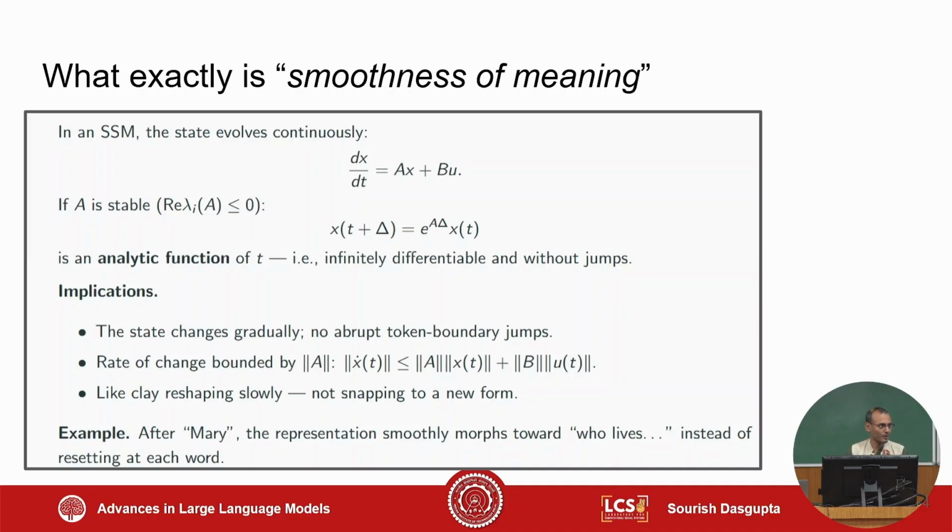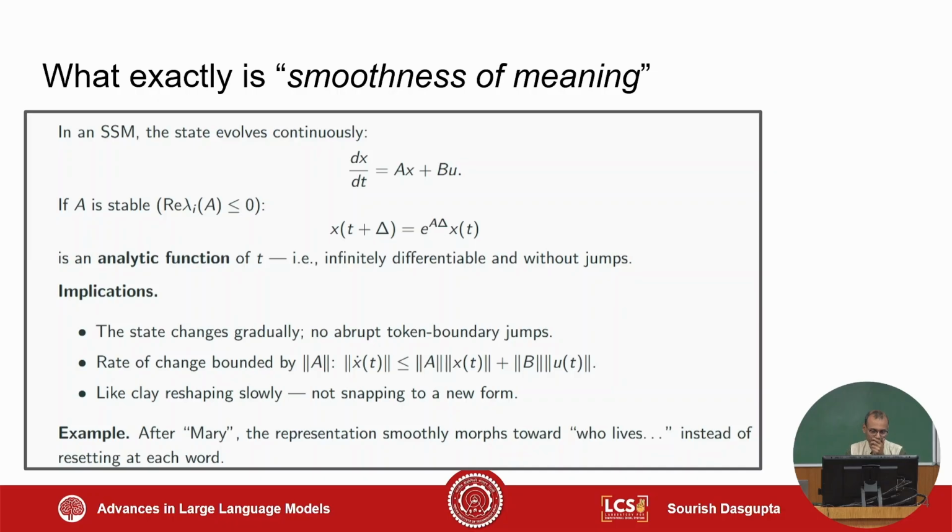SSMs work just like pottery, as if the snowman is being made out of pottery sculpting. So it makes the head out of the body only. So there are no edges as such, in terms of jumps.